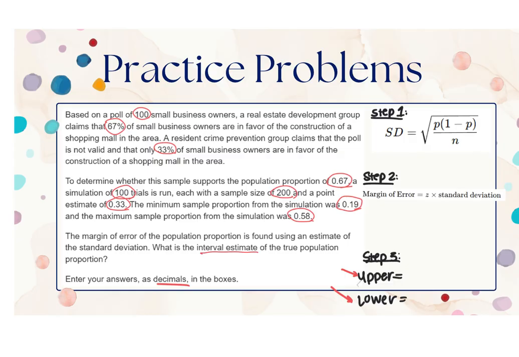All right, so they're giving you a whole lot of numbers, but you need to be able to identify which numbers you need. Now, we need to calculate our standard deviation. And remember, for our standard deviation, we need two pieces of information, which is our population proportion and our sample size.